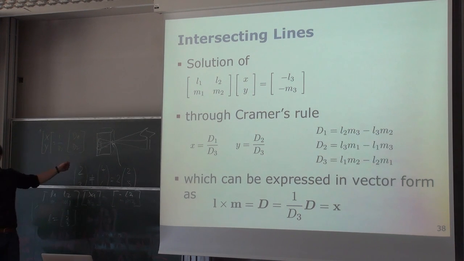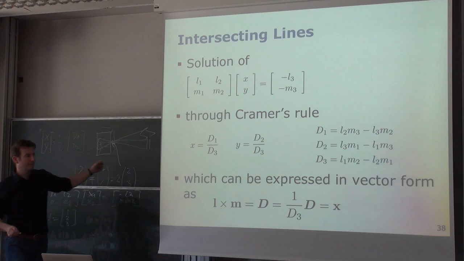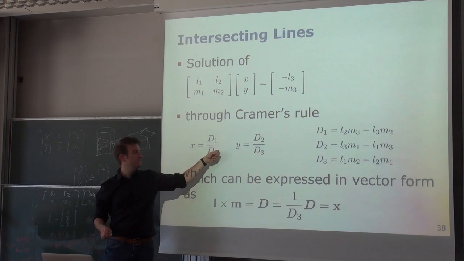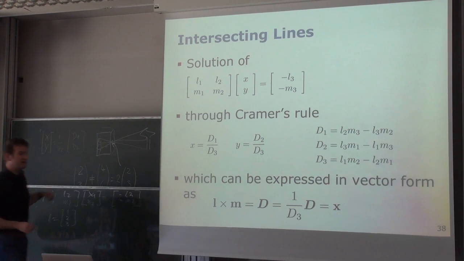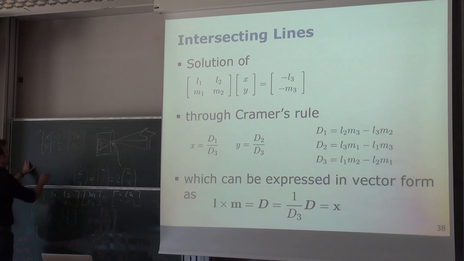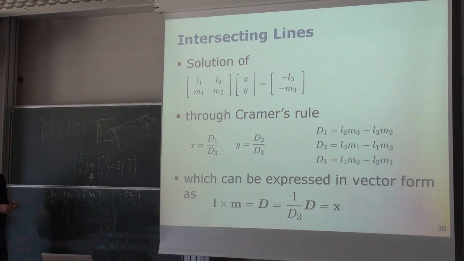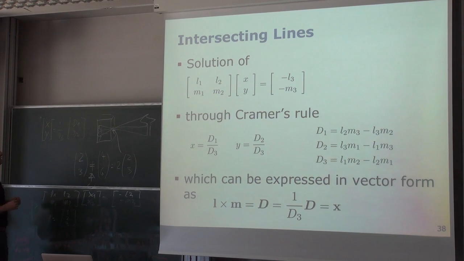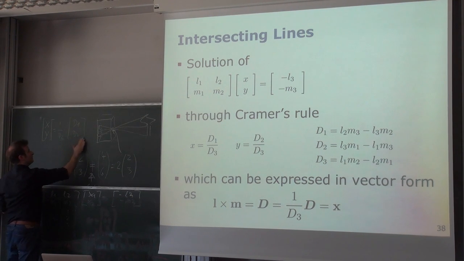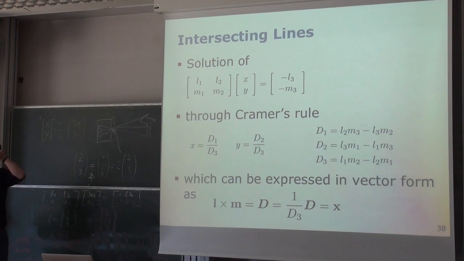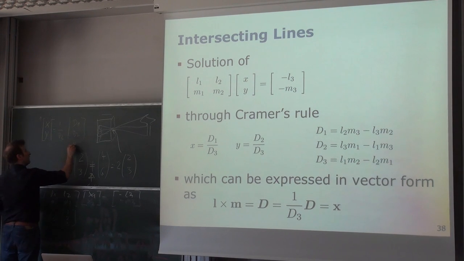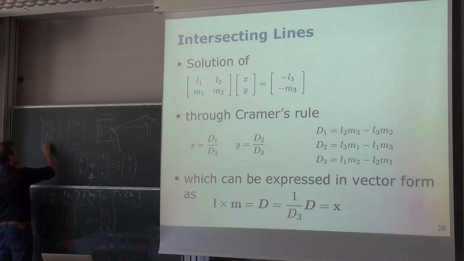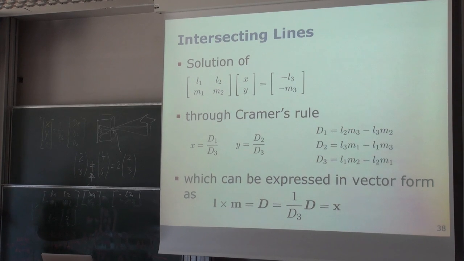I can actually write it in this way, right? What I can do now is, why not simply extend that a little bit, adding d3 over here, and a 1 over here. Right?